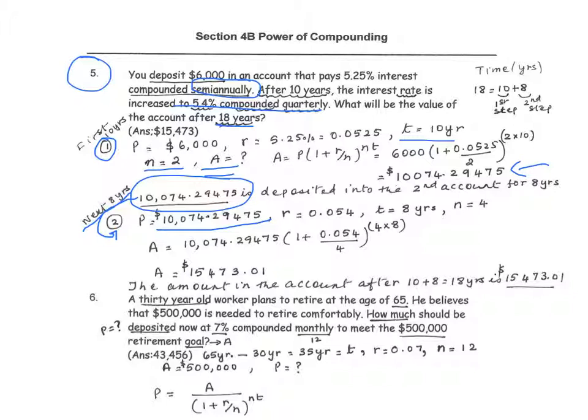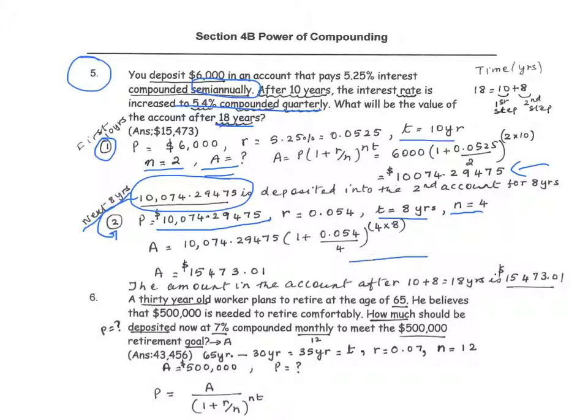So that is the answer that we get from the previous step. Rate is 0.054. That's the interest rate in the new account. And it's compounded quarterly. If it's quarterly, then it is 4 times a year. And the time is 8 years.